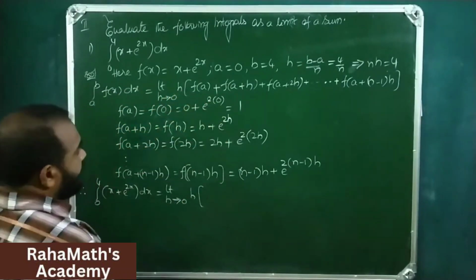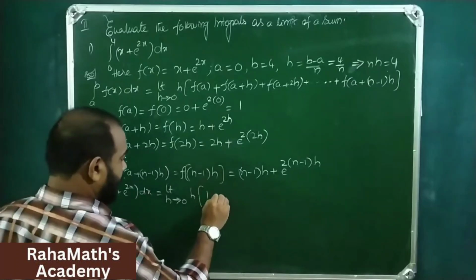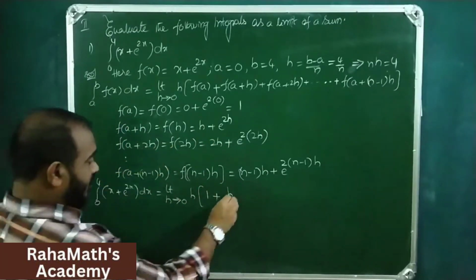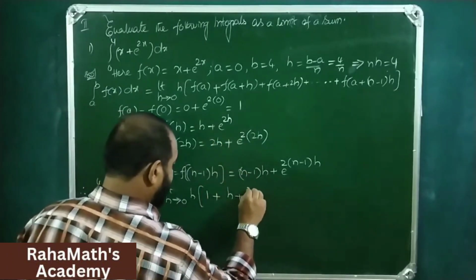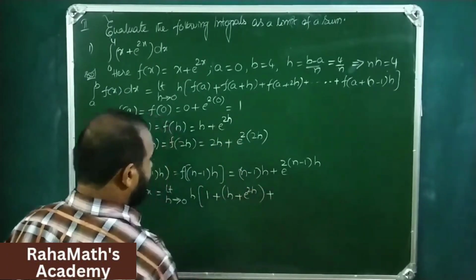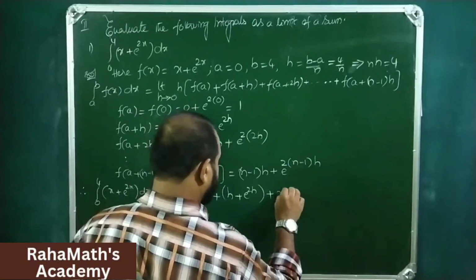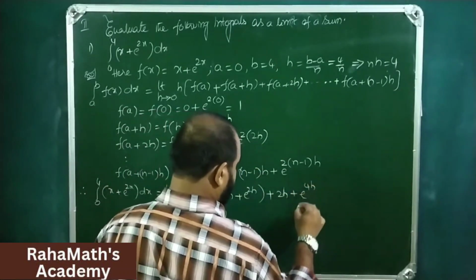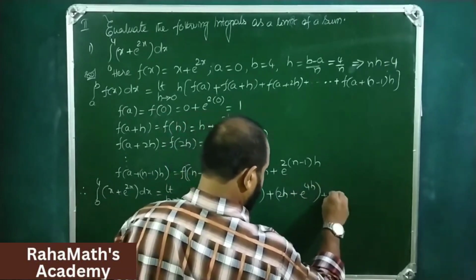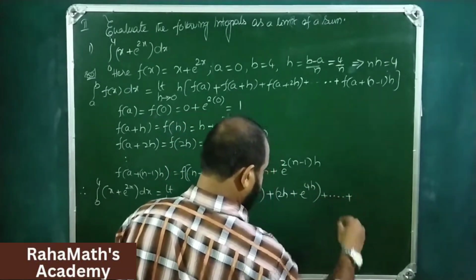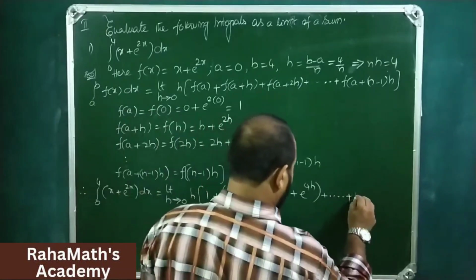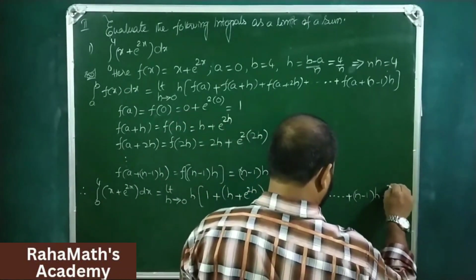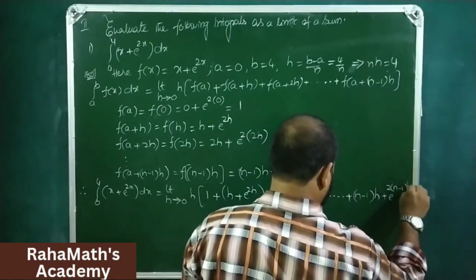The value of f(a) is 1 plus e^0; this value f(h) is h plus e^(2h); plus 2h plus e^(2·2h), which is 4h, plus etc., plus (n-1)h plus e^(2(n-1)h).